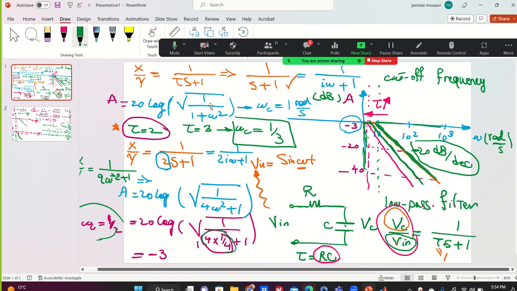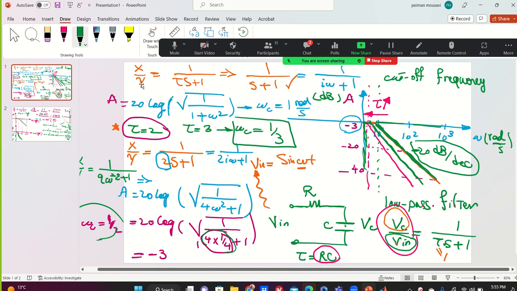Remember, log of 1 is 0. So here it is 0, which means your output magnitude-wise is exactly equal to the input. See what I'm saying?